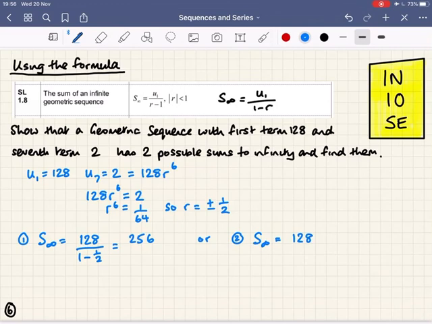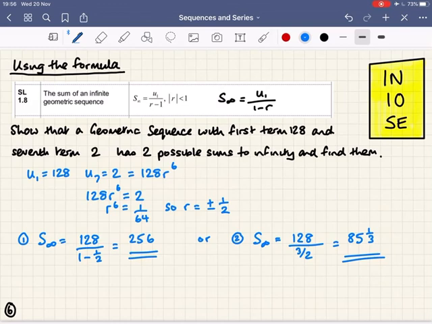This time it's going to be 1 minus minus a half, so it's going to be 1½ on the bottom, or 3 over 2 on the bottom. And if I work this out, I get 85 and 1/3. So there are two possible sums to infinity here, depending on whether my value of r is positive or negative.